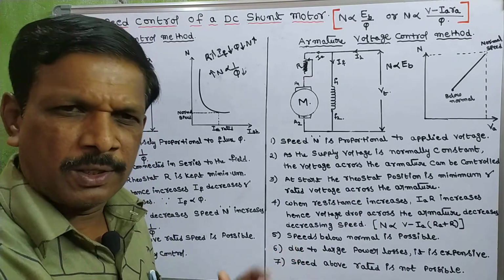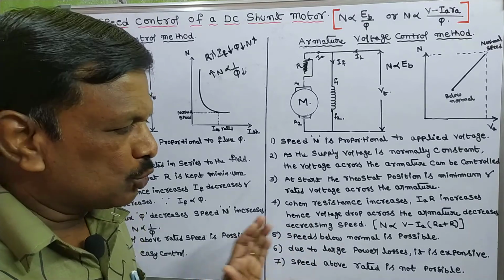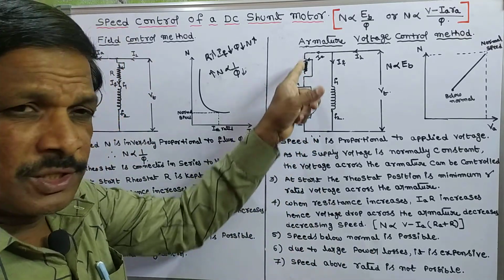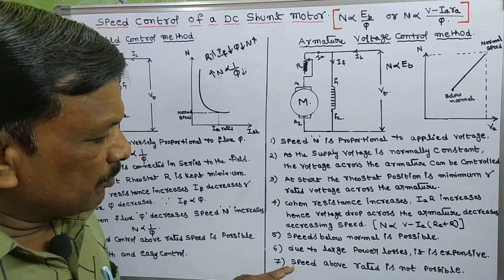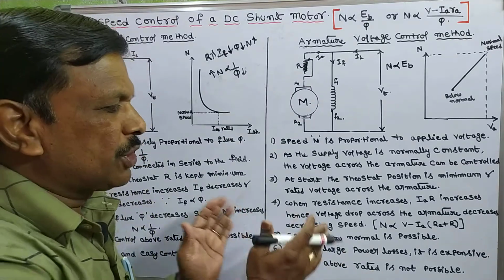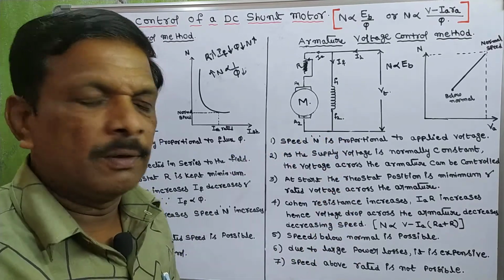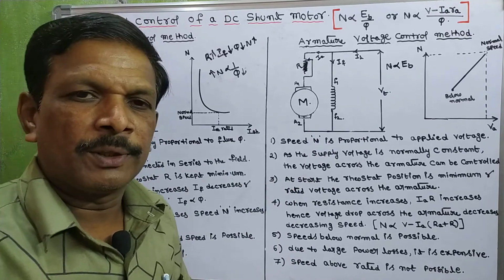Why? Because a huge amount of current flows through the resistor. And speeds above rated is not possible. So we can change the speeds only below rated speed with this armature control method.